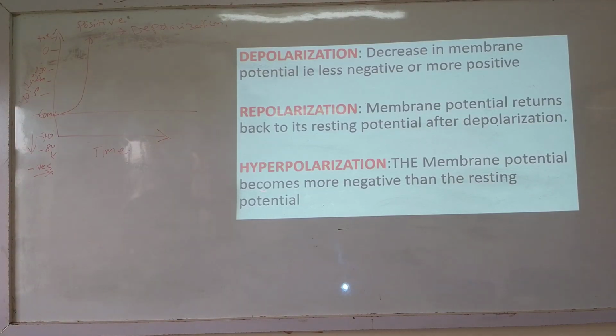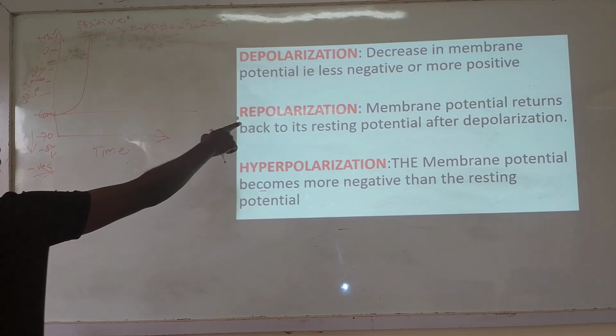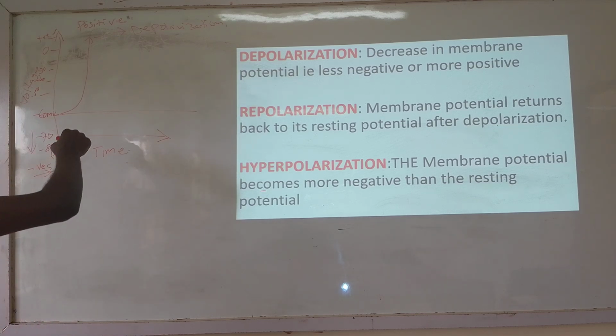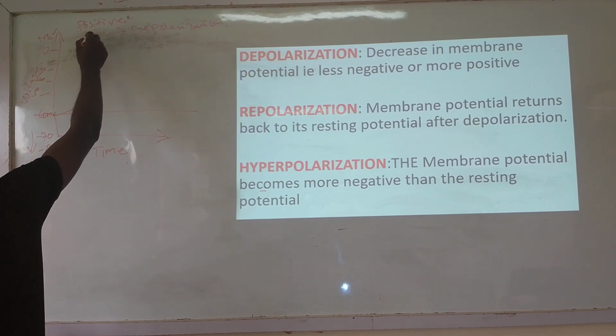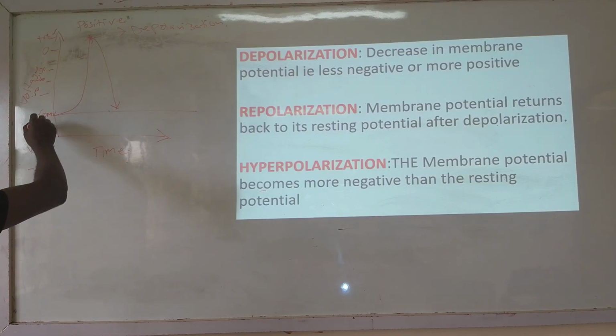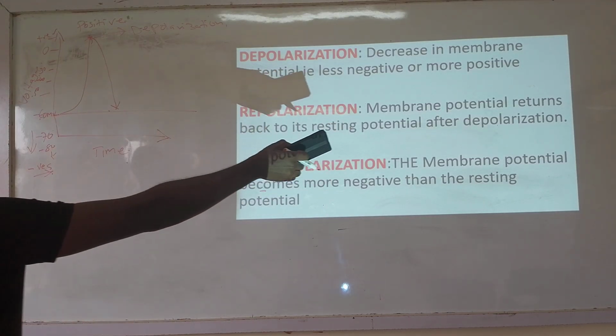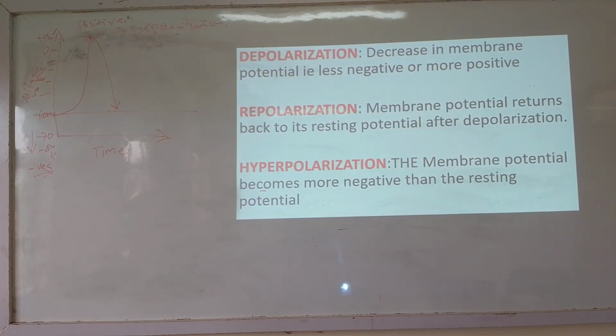So when you change the resting membrane potential of a cell from negative towards more positive, that is depolarization. Repolarization is the opposite of depolarization, which means if I was at the positive state and I come back to my original negative 60, then I have repolarized that cell. The membrane potential is returning back to its resting potential after depolarization.